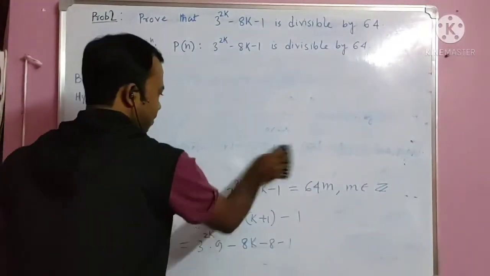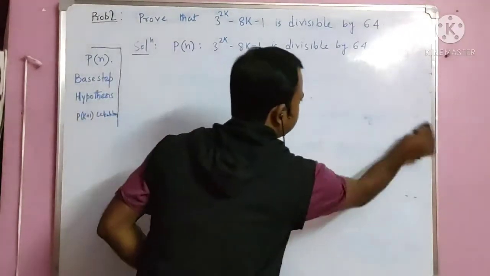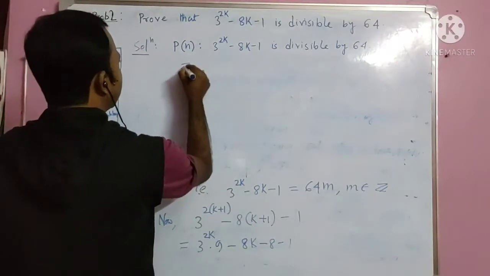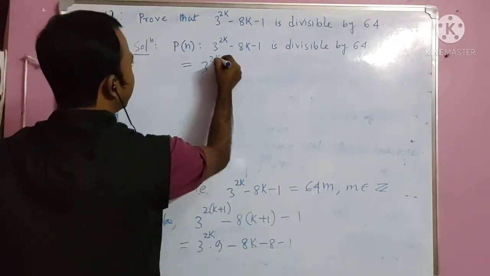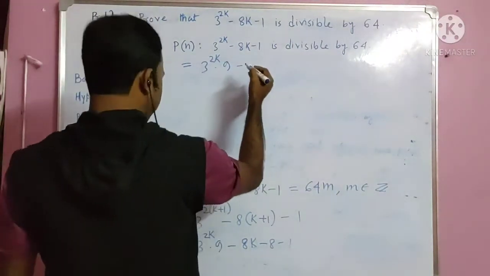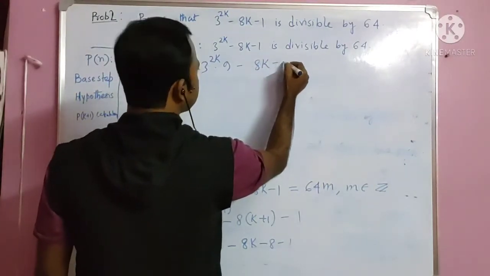Just a minute. Well, we rewrite this again: 3 to the power 2k times 9 minus 8k minus 9.